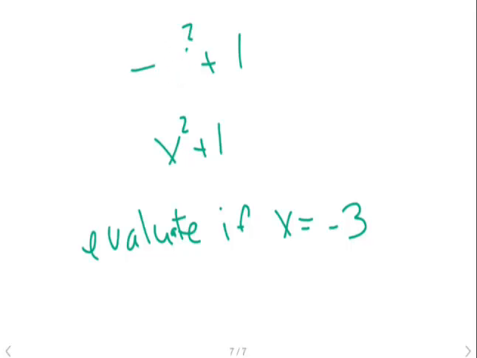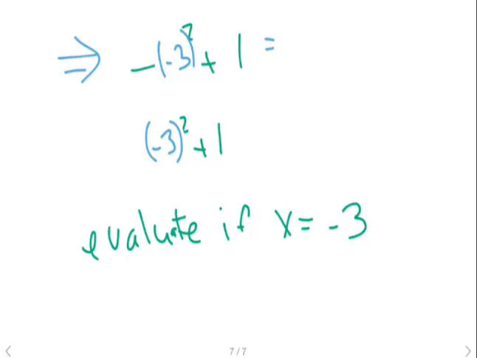So what you're going to do is, I'm going to erase this, and I'm going to put in that negative 3. Now careful what happens here. This is a negative 3, then this one is a negative 3 squared. Okay? So I put in a negative 3 for x, so I have to put it in brackets, and then I'm going to square it and add 1 to it. So you'll notice that when I put it in this top one, I still keep that negative outside, so I'm still going to end up with a negative answer.